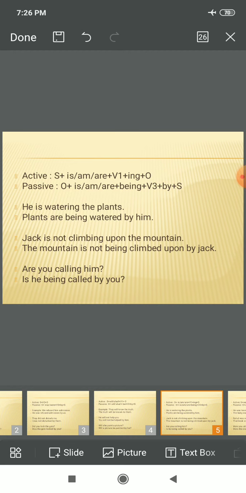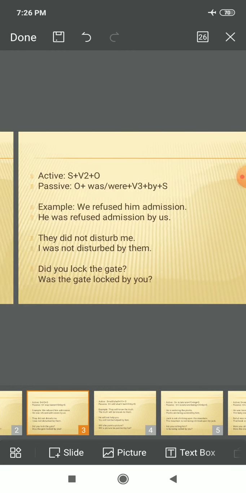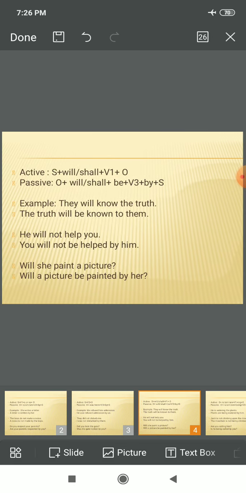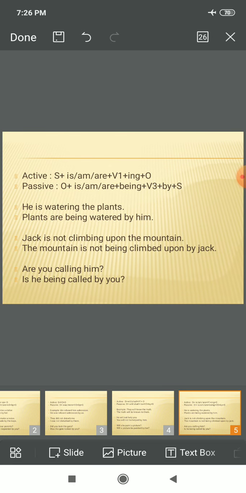Is, am, are will remain is, am, are here. Remember, when s or es is there in the beginning, it is changed into is, am or are. But whenever is, am, are is there in the active voice, then first form of verb plus ing will also be there in the sentence. Is, am, are plus first form plus ing will change into is, am, are plus being.